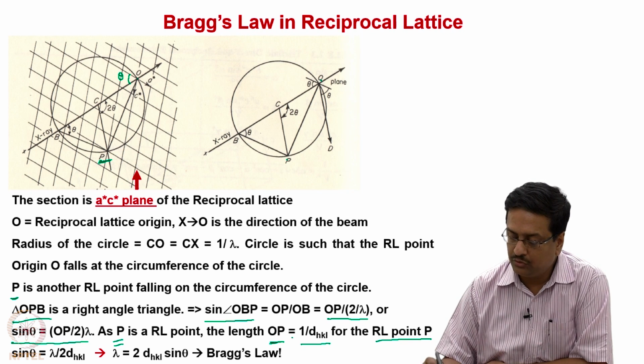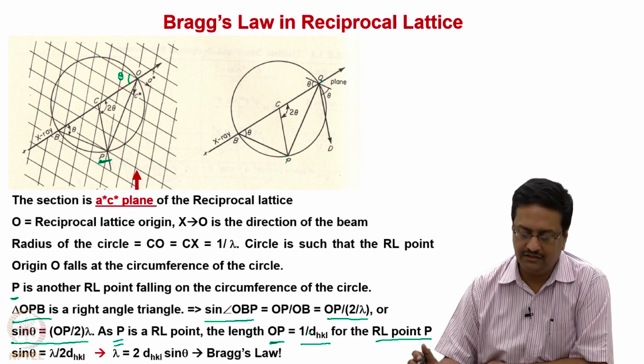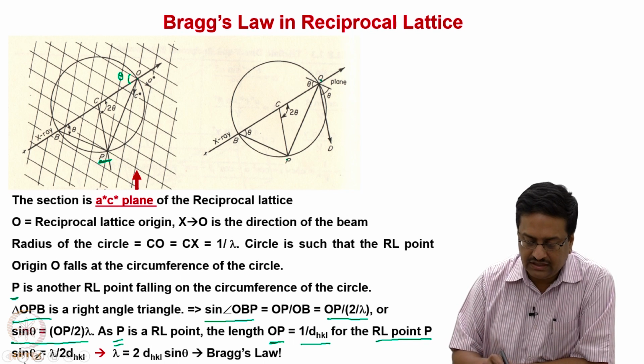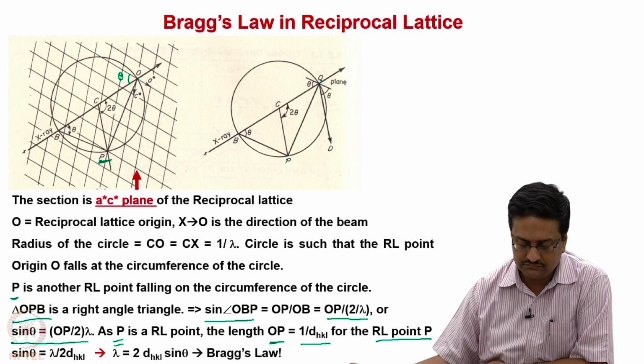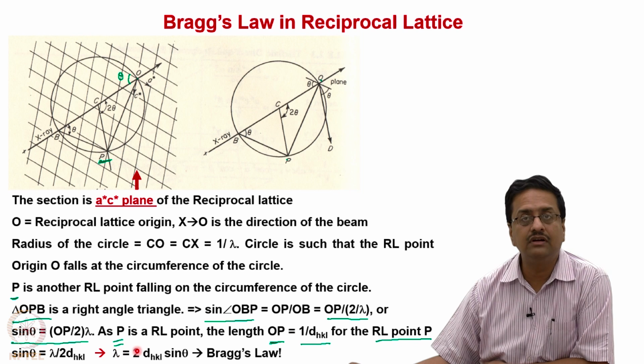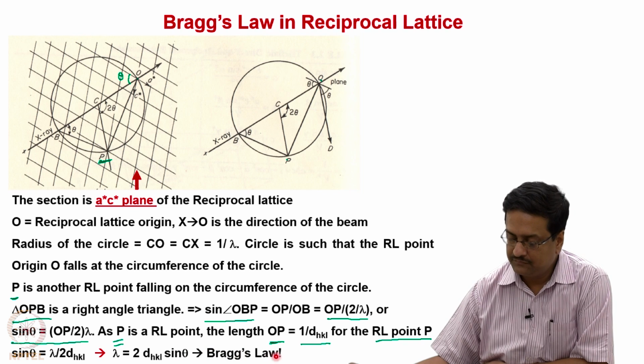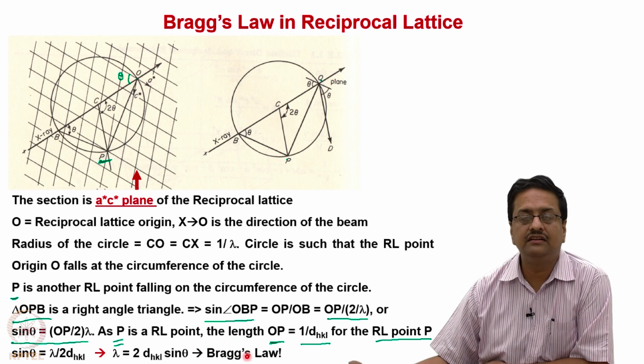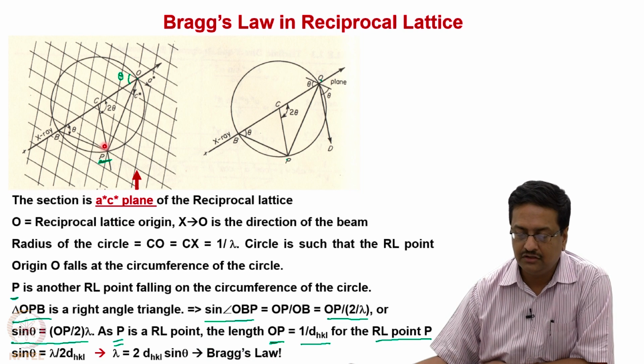So, we replace OP equal to 1 by DHKL, and we write sine theta equal to lambda by 2 DHKL, or we can write lambda equal to 2 DHKL sine theta. That means Bragg's law condition is satisfied for this particular reciprocal lattice point P.